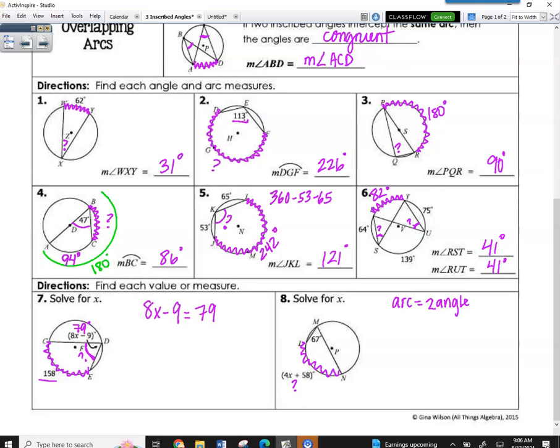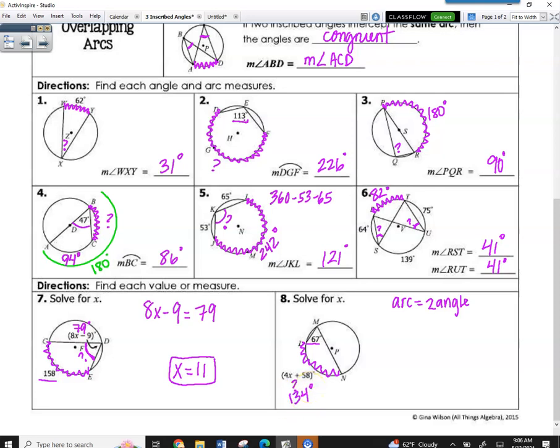What did you get for x? 7? All right, 8. Go to what you know. I know the angle is 67. If I'm going outside to play in the snow, I better double my layers so I don't get cold. So what would the outside be? 134.